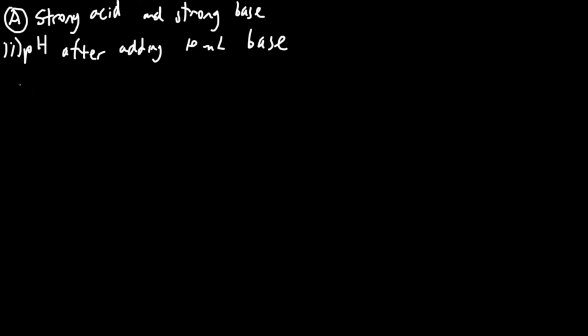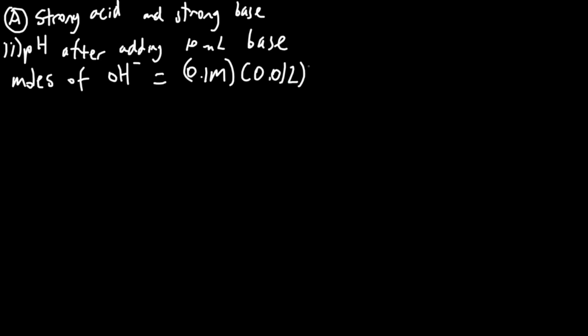Next, we're going to calculate the pH after adding 10 milliliters of base. So first, we need to figure out the moles of OH minus from the base. In our question, we have 0.1 molar times 0.01 liter, which is 10 milliliters, gives us 0.001 moles of OH minus.